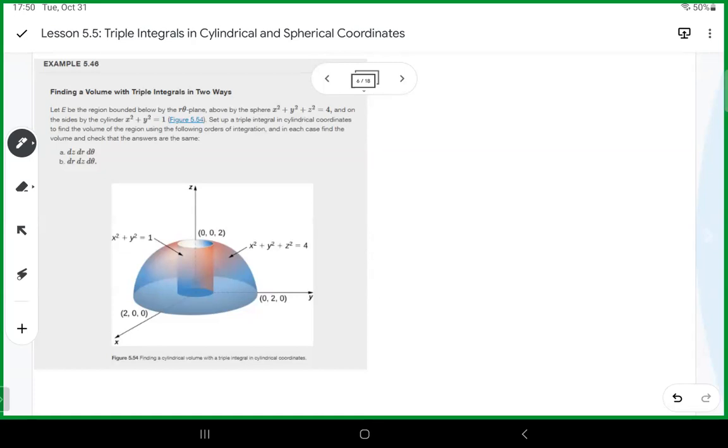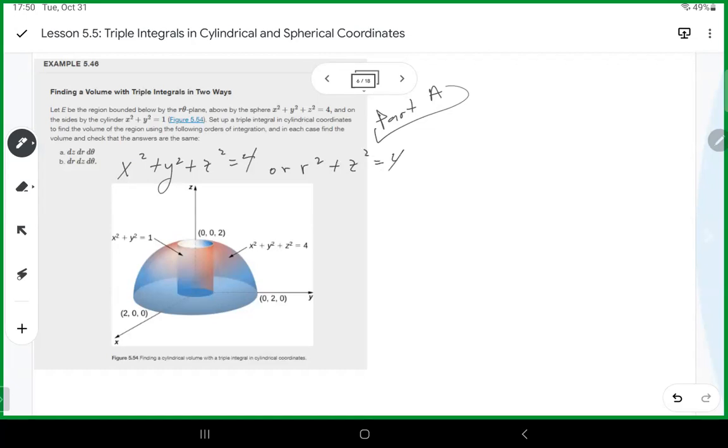All right, so for part A, we want to note that the equation for the sphere is x squared plus y squared plus z squared equals 4, or you could say r squared plus z squared equals 4.